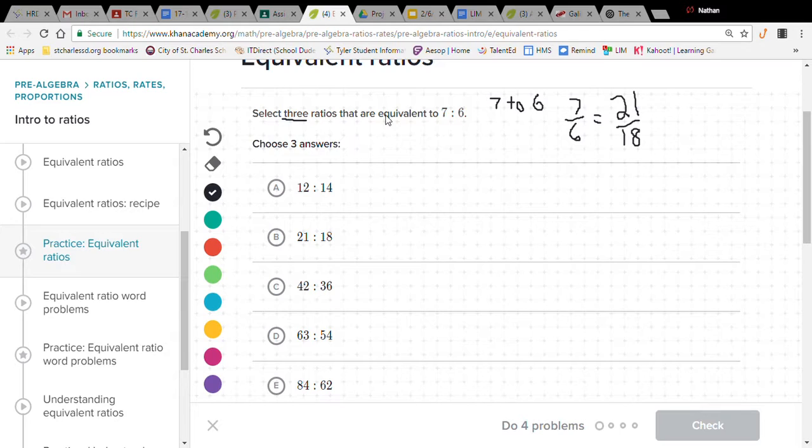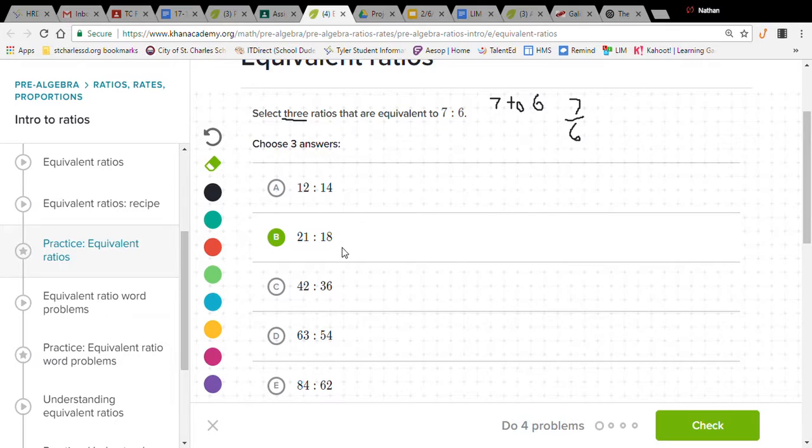But we could also just look at this, and I can see what number multiplied by 7 gets me 21. I can see that that's 3. 7 times 3 is 21. And if I multiply the denominator by the same, 6 times 3 equals 18. So these are equivalent ratios. You could also say equivalent fractions, means the same thing. So 21 over 18 is the same thing as 7 over 6.